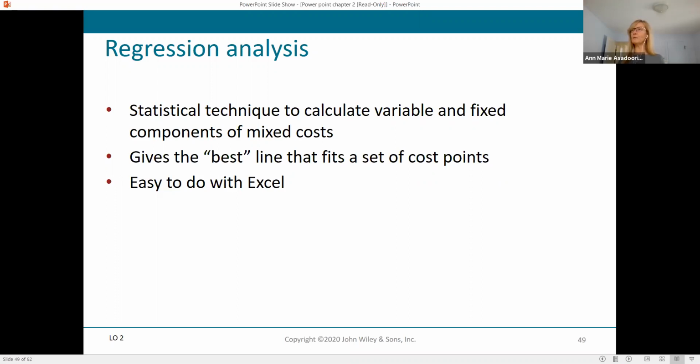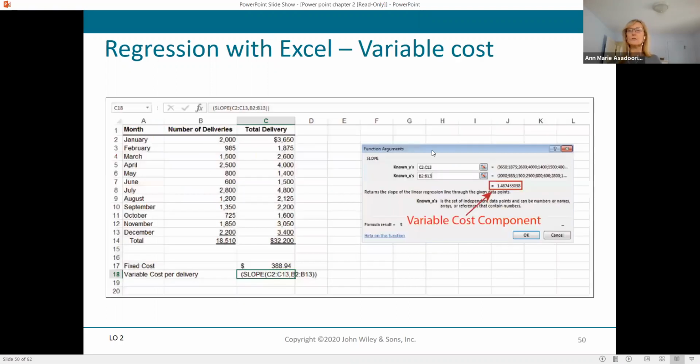It'll be the most accurate way of estimating, but we're still not going to be able to say the delivery cost will be this amount next month, right?